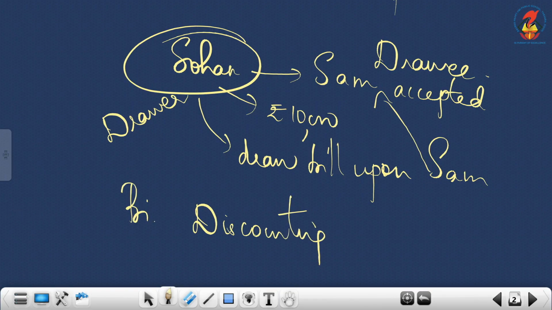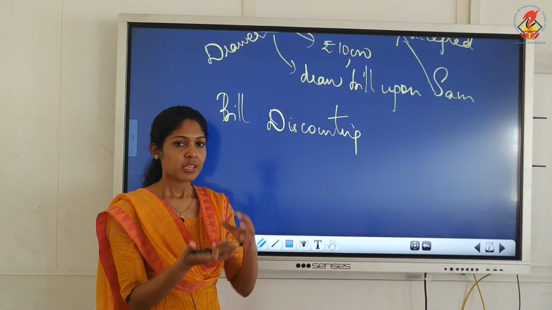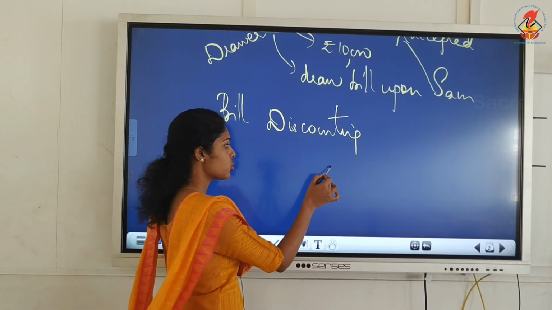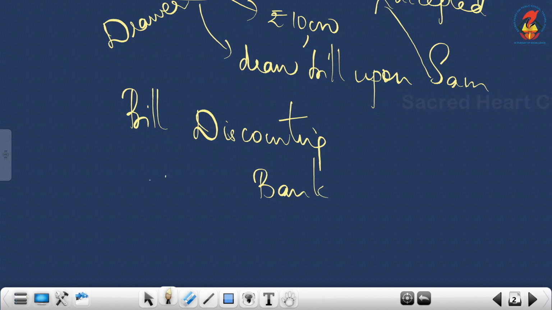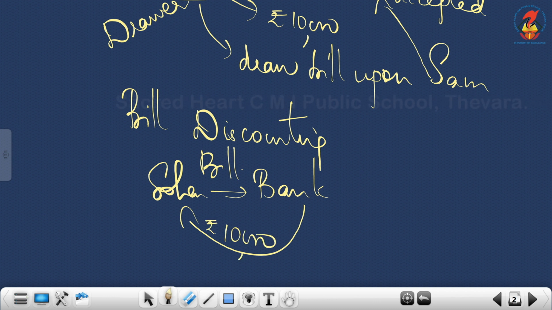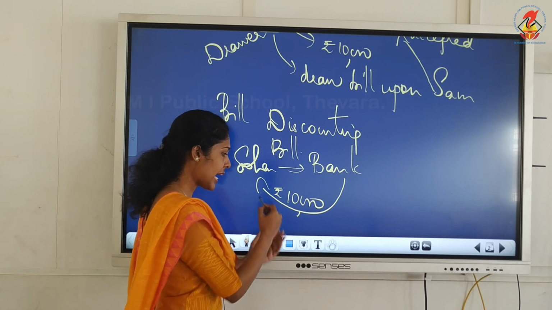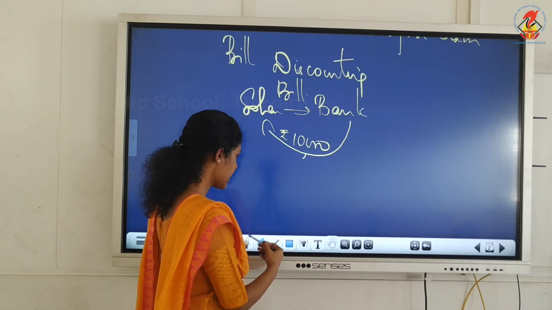I hope you remember the term bill discounting. What Sohan can do now is, Sohan can give this bill to the bank. Okay, Sohan is giving that bill to the bank. In return, bank will give Sohan that amount of rupees 10,000. But he'll not be getting entire 10,000.